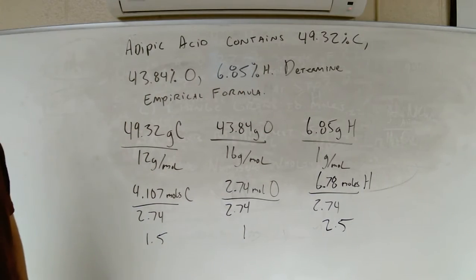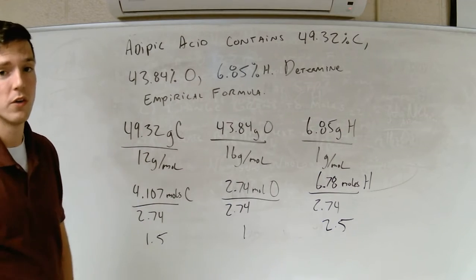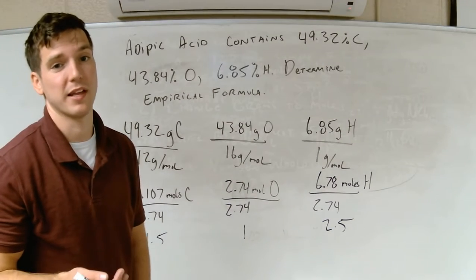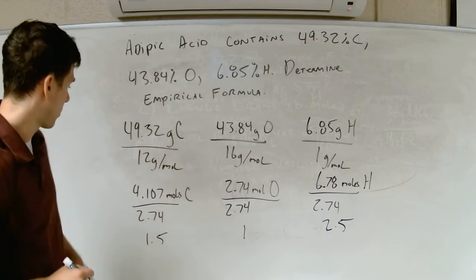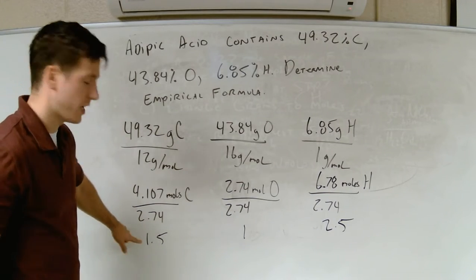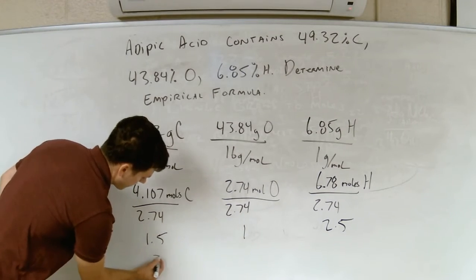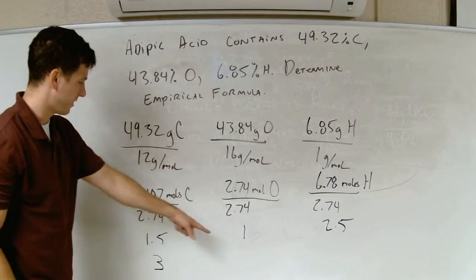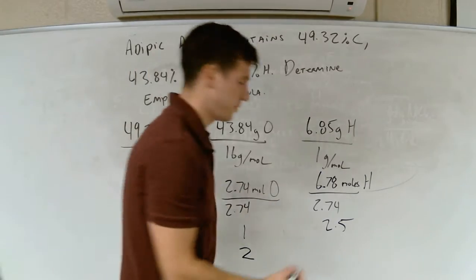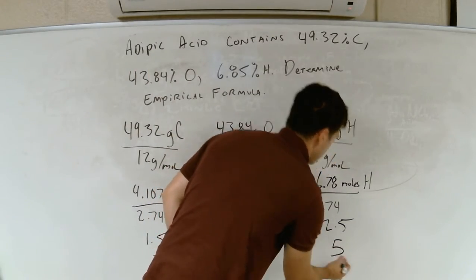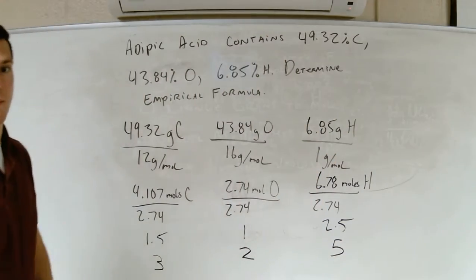And then last thing, we got to make those numbers whole. We make numbers whole by multiplying them in chemistry. We don't add 0.5, we multiply them. So I'm going to multiply this by 2 to get 3, this by 2 to get 2, and this by 2 to get 5.